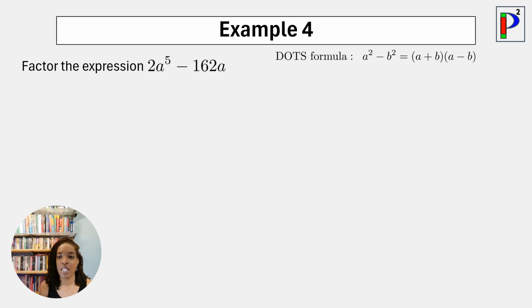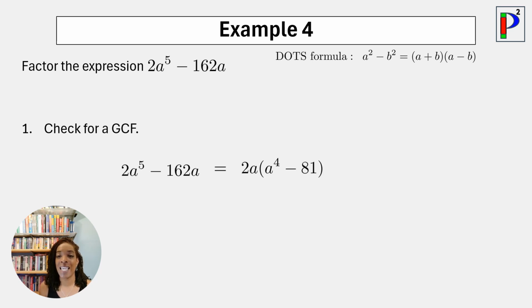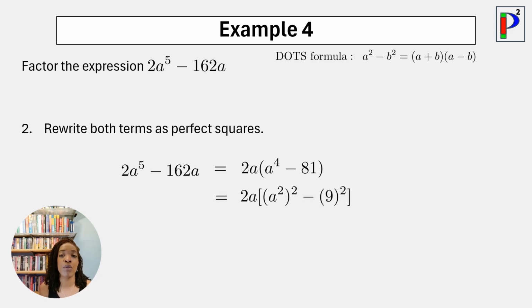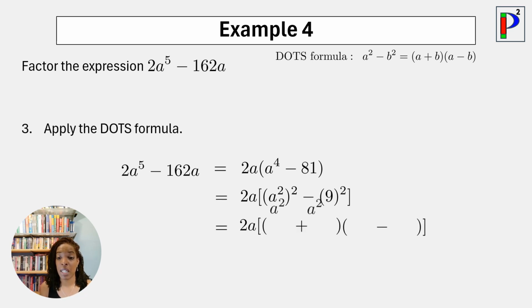Okay, for this one, you can probably see that there's a GCF of 2a. So I'm going to go ahead and take that out. Okay, inside the parentheses, this is a binomial, it's a difference, and it has 2 squares. So we can rewrite both terms. That leaves a squared squared minus 9 squared. And we can use the dots formula. Plugging in.